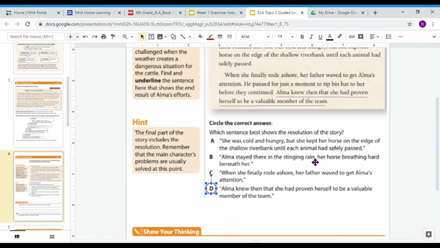But her problem in the beginning of the story in our exposition was not that the cattle couldn't safely pass. The problem was that she needed to prove herself to her father. So our resolution, the answer to that problem, wasn't that all the cattle had made it safely across the river. The resolution or the final outcome of that problem was that she had proven herself to be a valuable member of that team.